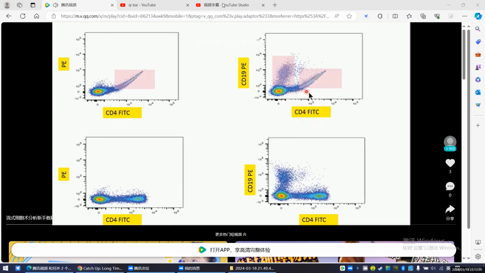These are the cells which should be CD4 positive, or FITC positive, but because compensation is absent, these cells are going in this region. It means they look like they are FITC positive as well as PE positive. But once the compensation is applied, this graph converts into another situation where we have only CD4 FITC positive cells. It means now FITC is not going in the PE channel.